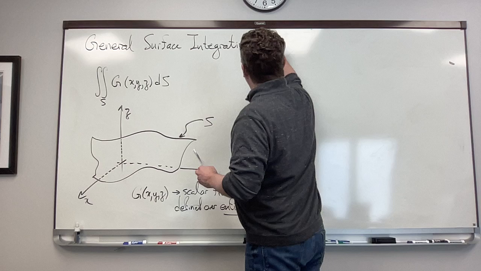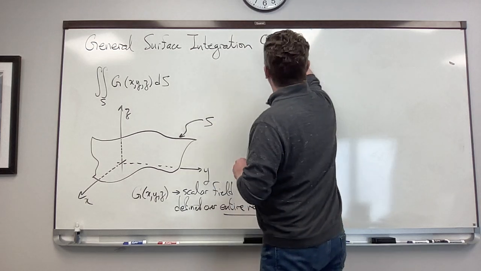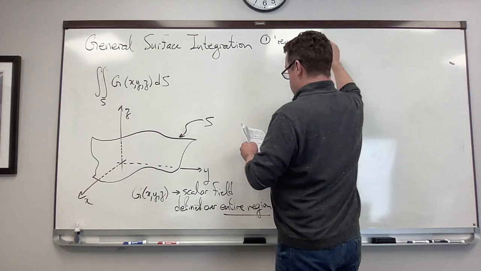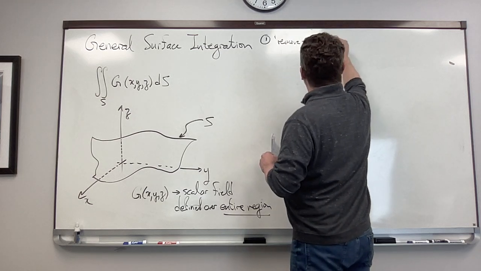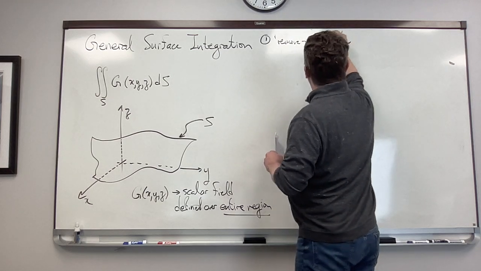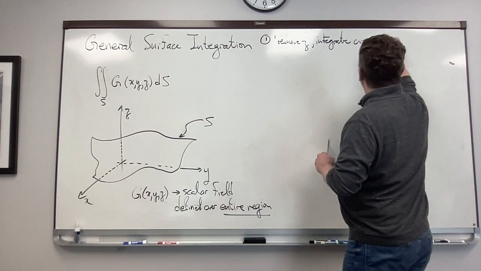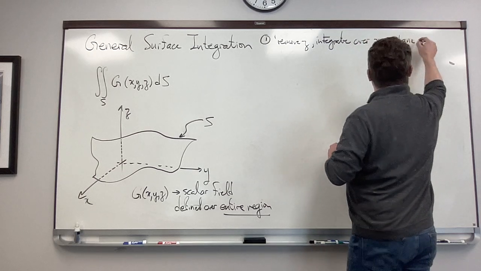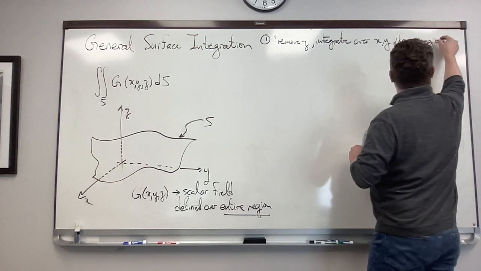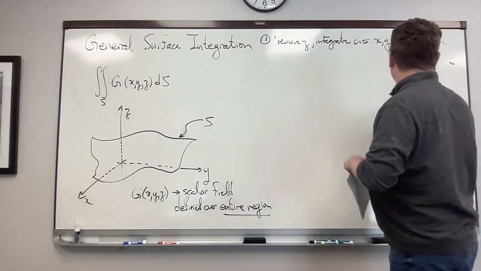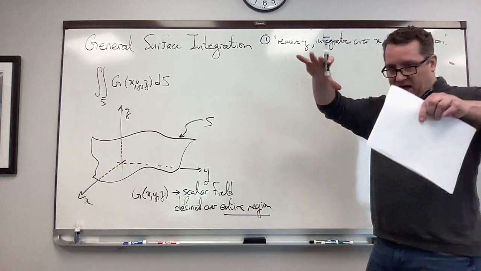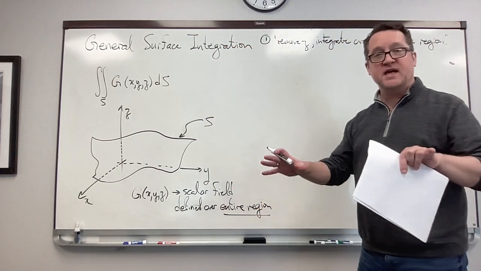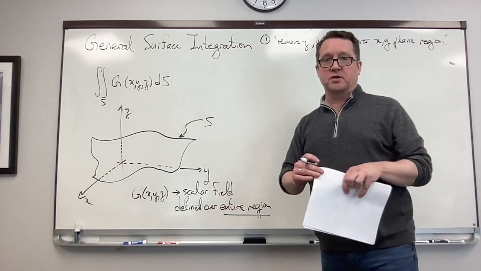In case number one, we remove Z and integrate over the XY plane region. This is the kind of natural one for us. We think of the sheet lying up in Z over top of X and Y. We project downwards, we eliminate Z, and we have a double integration in X and Y.